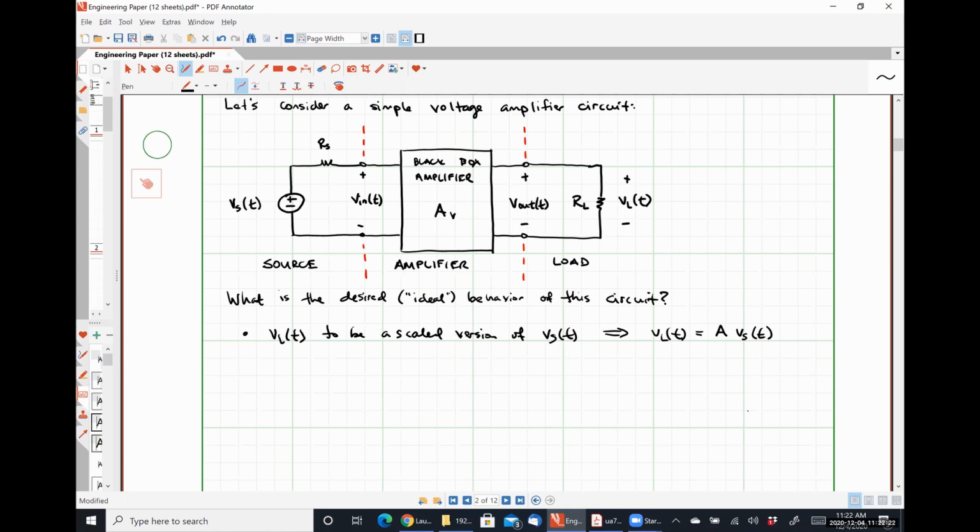So again, based on your knowledge of circuits that you learned in Circuits 1, we have a circuit and we are looking in through the terminals where the source was. What should we see?